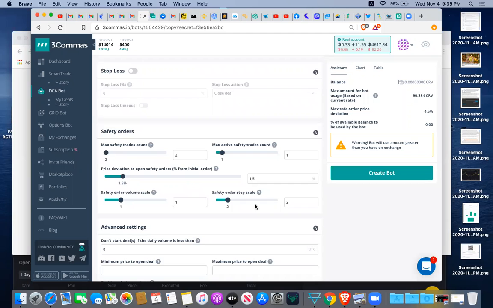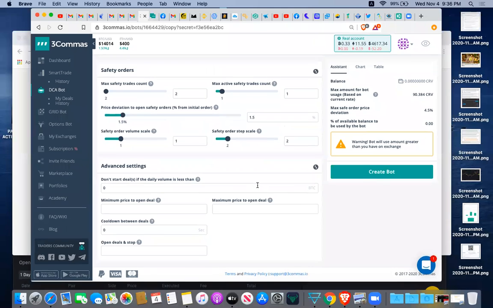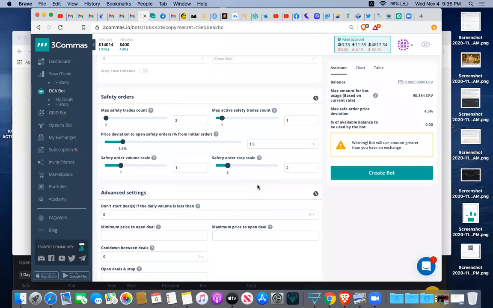Any 1.5% from the market when you enter, it buys some volume. You can see safety order volume 1% and safety scale. That is, don't take it straight. The first order you will buy 1%. The next order, make it times 2 of what you bought initially. That's what we mean by this 2% scale. Then every other setting, no, there.